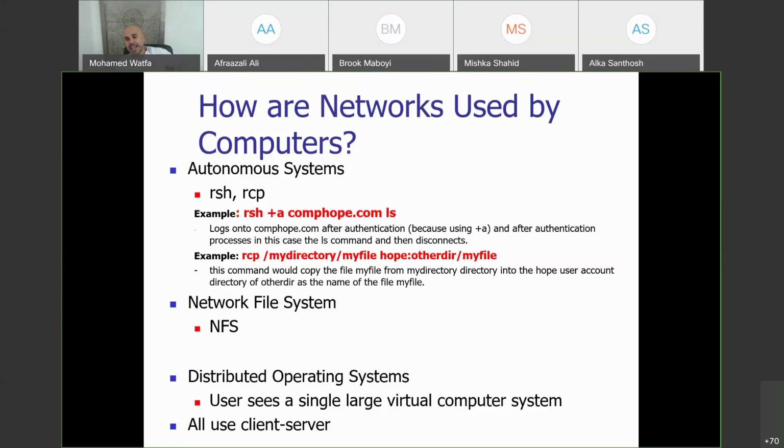This is a drive that we have, and I could put files in it and have access to it. That's what we call the network file system. Again, it's like a hard drive within the network. So you could have an operating system which is distributed. Instead of having an OS on a computer, you could have a distributed operating system as well.